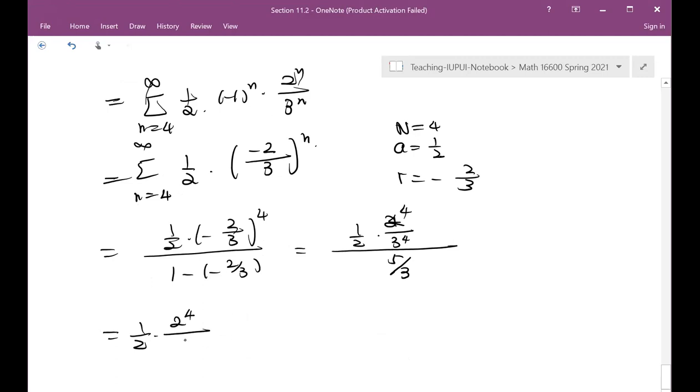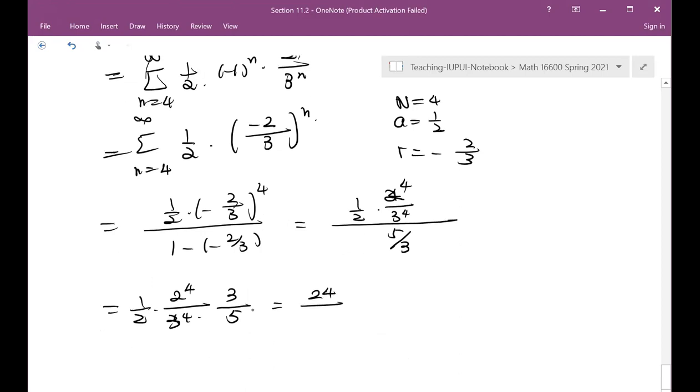Let me do one more step. I think the numerator is 8 times 3, 24. And in the denominator, 3 is also divided out. So that will be just 8, and 27 times 5, you can do the multiplication. So this is the answer.